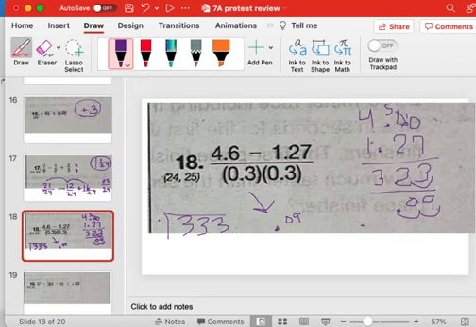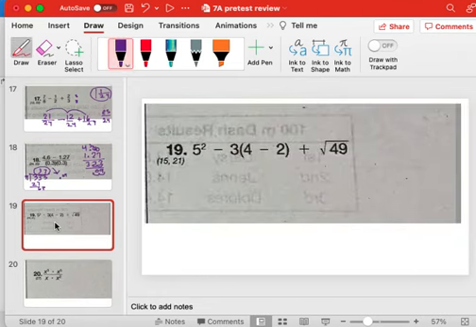Does everybody see how I could just clear out those decimal places? Multiply the top by 100, multiply the bottom by 100. The decimals are gone. So now 9 into 33 goes 3 times with a 27. And I get a 6 and a 3. 9 into 63 is 7. Even, the answer is 37. Any questions?